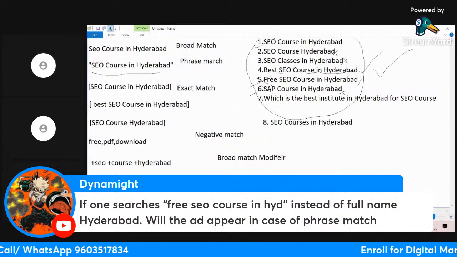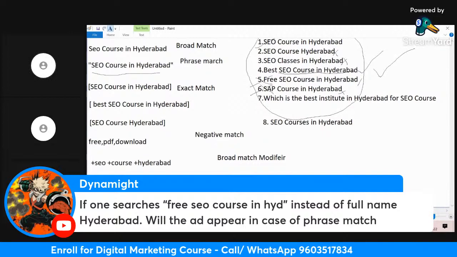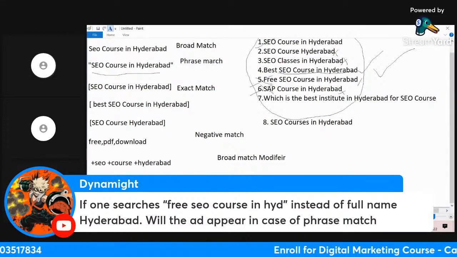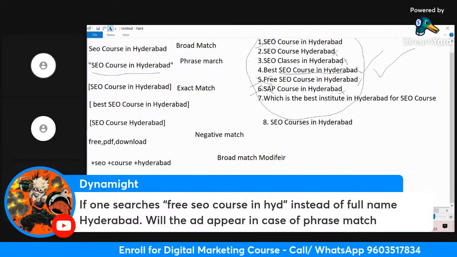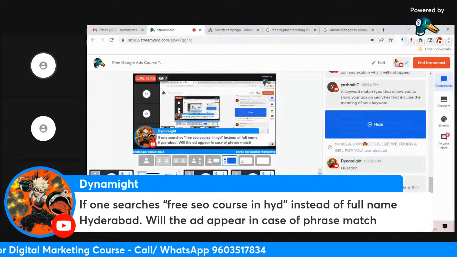Now the customer typed website designing codes. Generally, according to phrase match, it should not appear because he disturbed it. But web and website are both the same. So the ad will appear. So singular, plural, close variation, without spaces of the customer type, the ad will appear. Please remember this. Understood, guys?